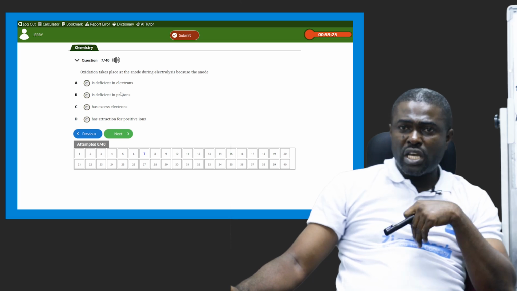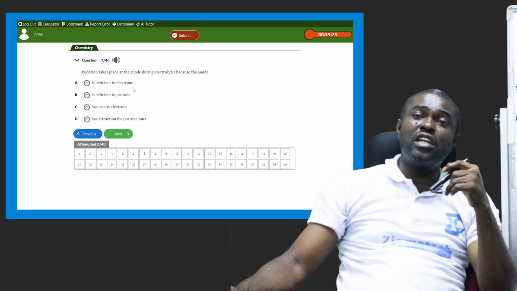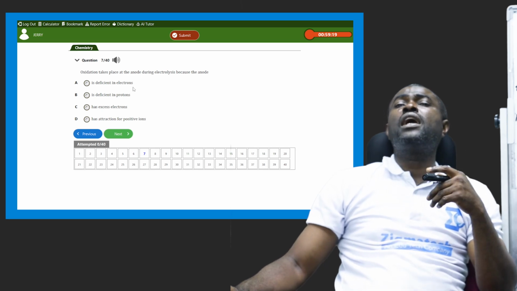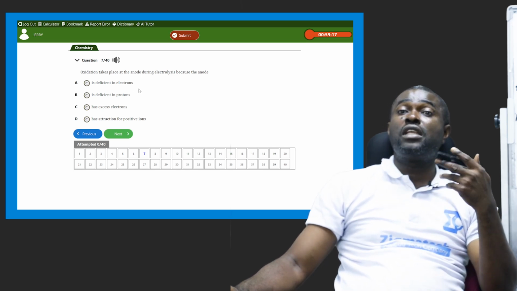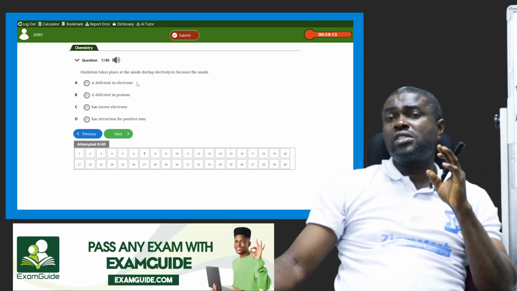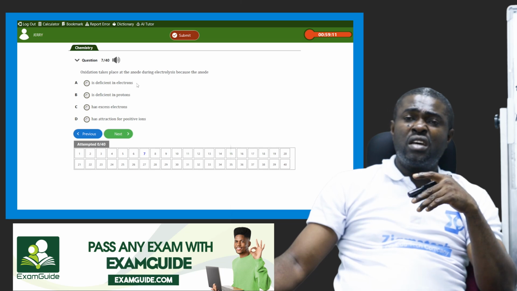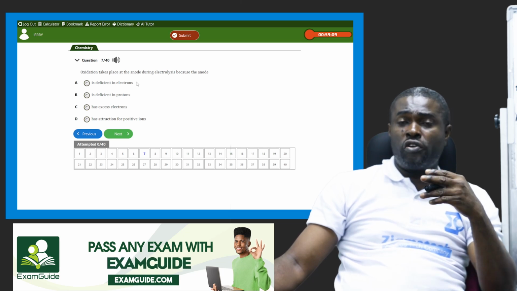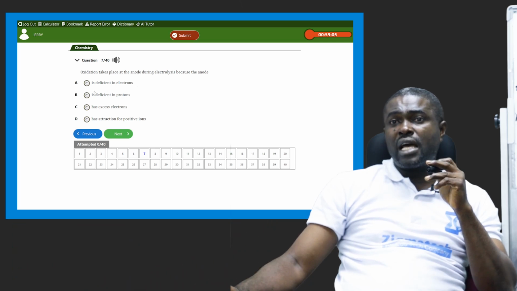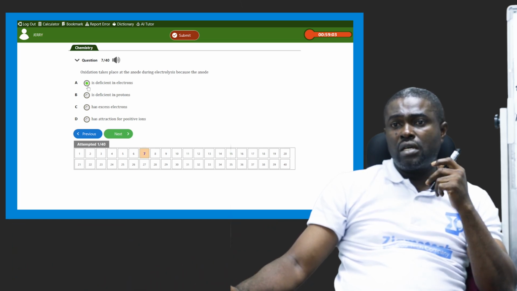No, it is deficient in electrons because electrons are actually moving out from the anode. So if electrons are moving out of the anode, that means it is deficient in electrons. In simple language, oxidation is defined as loss of electrons, and that occurs at the anode. So my correct answer is A.